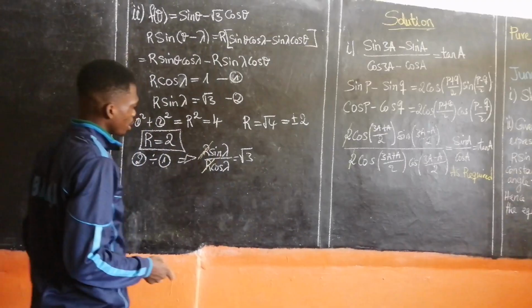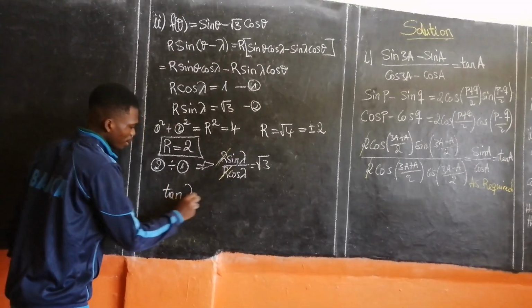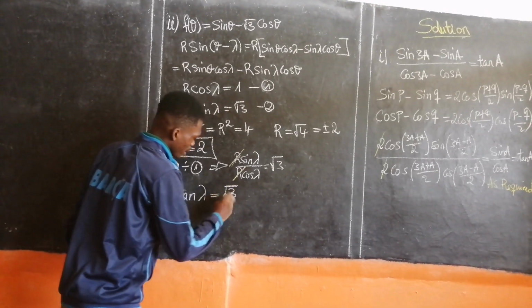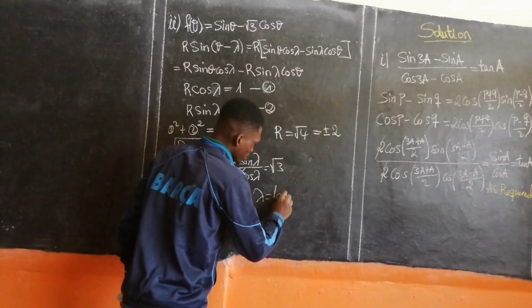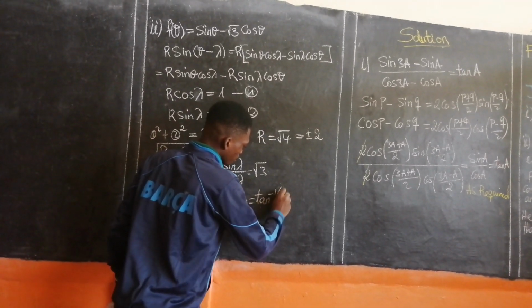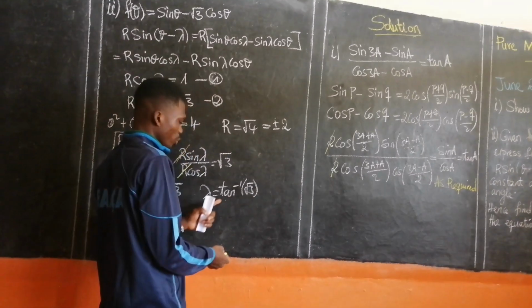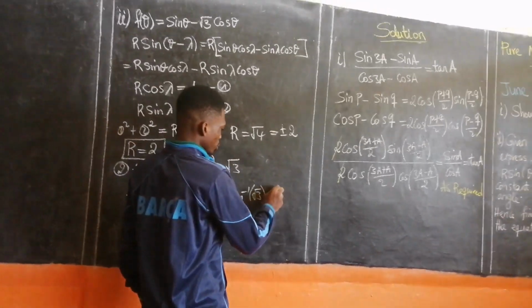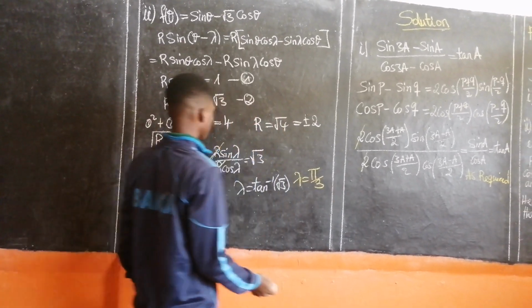Then we have that tan lambda is equal to root 3. And so lambda is the tan inverse of root 3. The tan inverse of root 3 is pi on 3. So we have that lambda is equal to pi on 3.